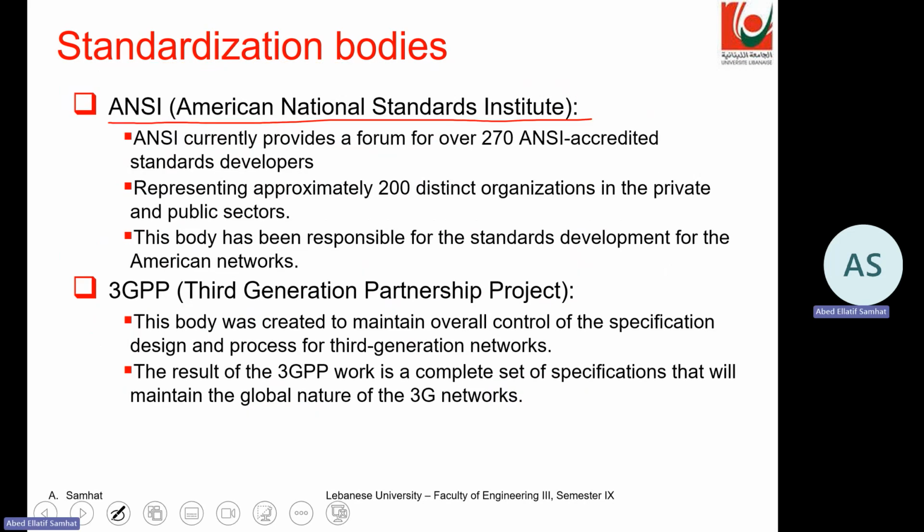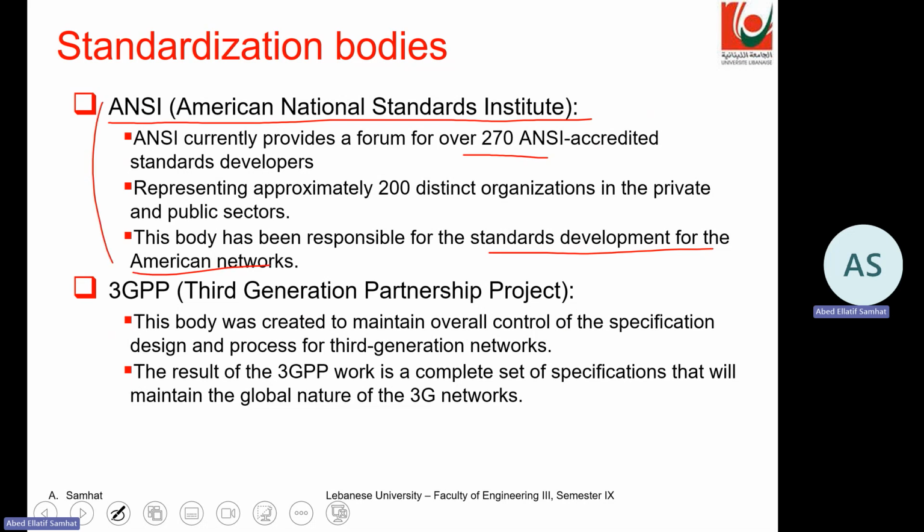It's a well-known institute. It provides a forum of more than 270 ANSI accredited standards. It represents a lot of organizations in the private and public sector in the USA, and it's responsible for a lot of, let's say, the standard development for the American network.